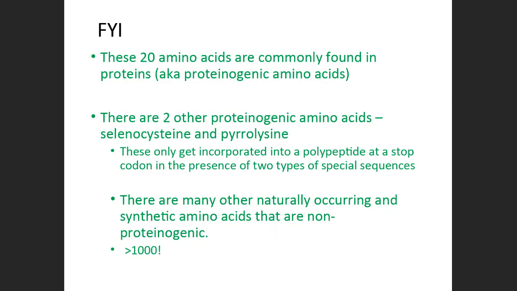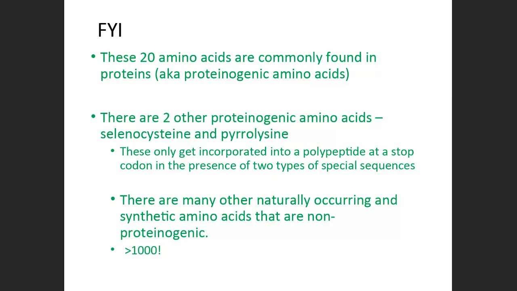These are reactants for other reactions, or they're intermediates in a metabolic pathway. The amino acid has to have an amino group and a carboxyl group, right? And that makes it an amino acid. So there's many, many amino acids. Only 20 of them are actually used to make proteins.